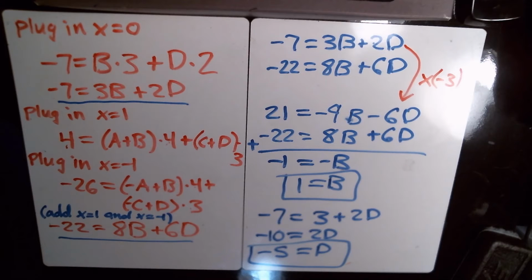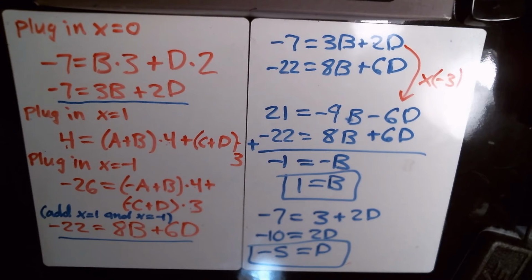Since we're basically done, well, we're at least done with b and d now. I'm just gonna make note of these on a different one so that we can come back to them.